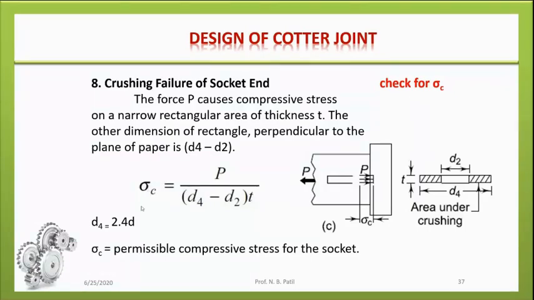Why do we take 2.4 into D over here? It's one of the standards, which was stated earlier while designing the cotter joint.